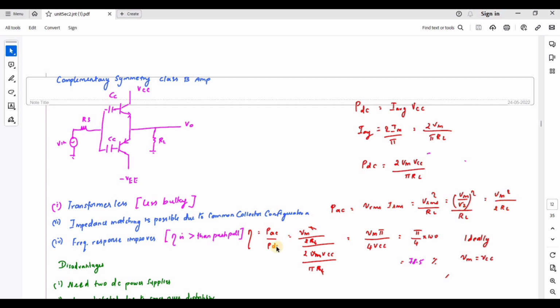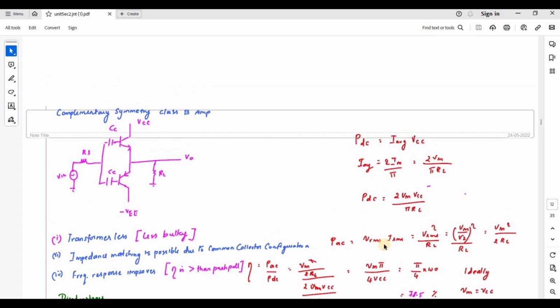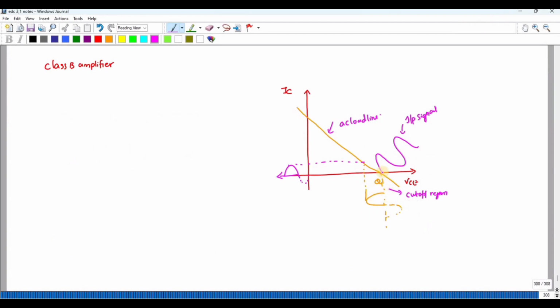You have to divide in order to find the efficiency. Efficiency is equal to PAC divided by PDC. So you substitute Vm square divided by 2RL, divided by 2 Vm VCC divided by pi RL. So Vm gets cancelled, you will get Vm pi divided by 4 VCC. If you see the diagram, this is your VCC, and this value is nothing but Vm.